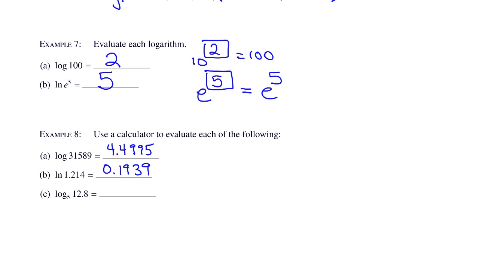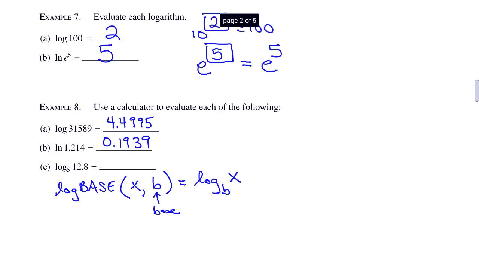Some calculators have a function called log base. Log base takes two arguments, and you separate them by a comma. So when you are doing the x and the b, that's the same thing as log base b of x. So notice that the base goes on the right side.